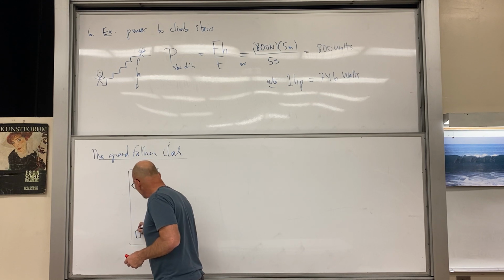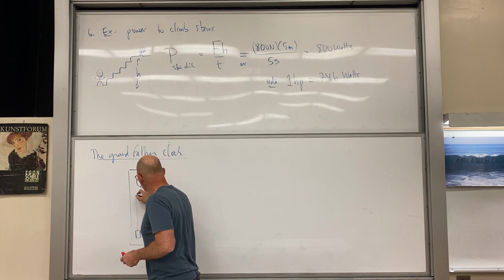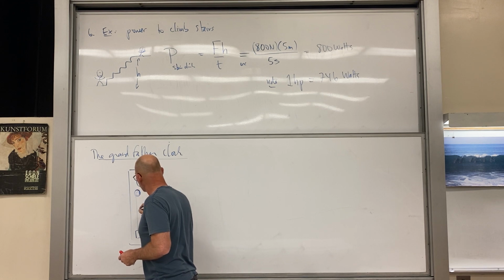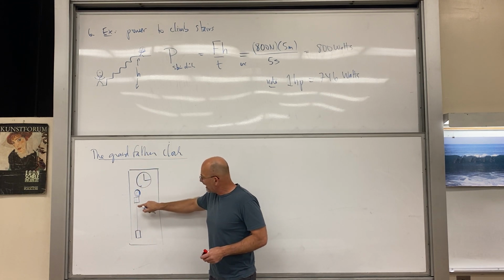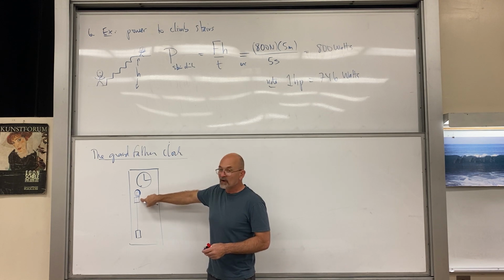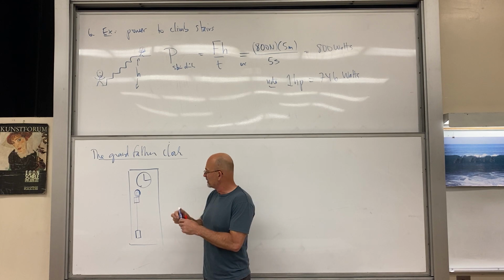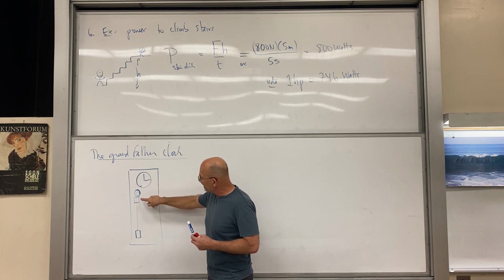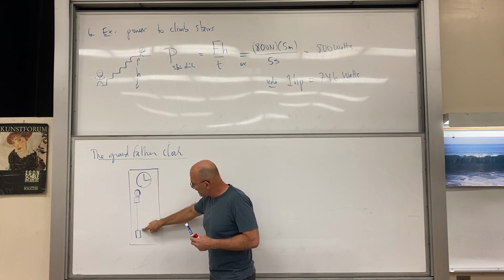So this is where it gets interesting. There is a weight that you wind up on a pulley or on a spool. So the weight will start up here at the beginning of the week, and as the grandfather clock tells time for the entire week, this weight drops down to here.